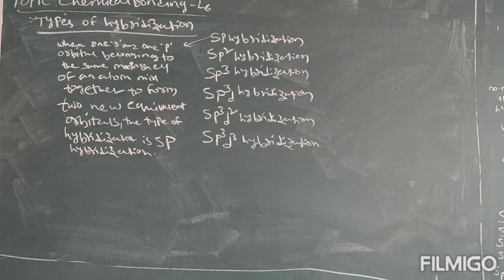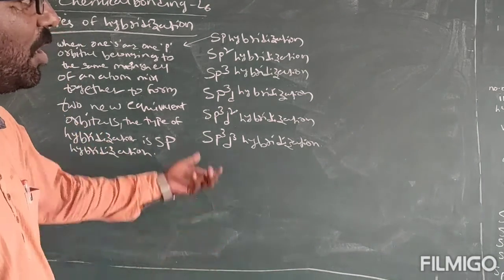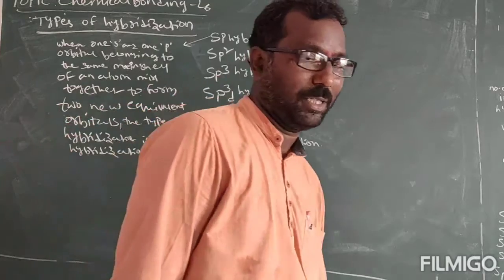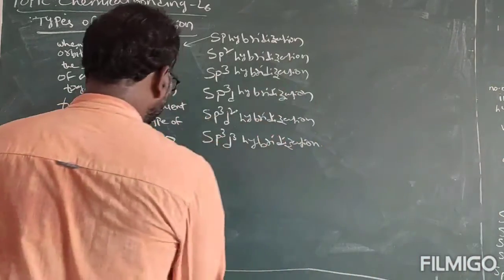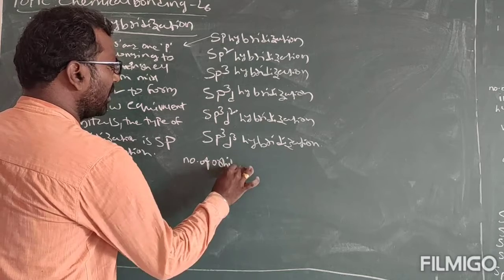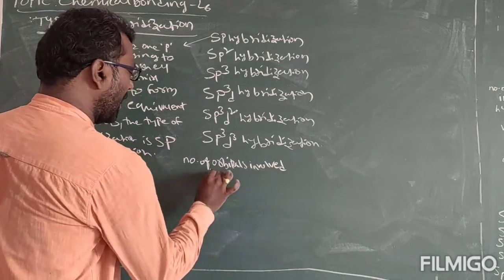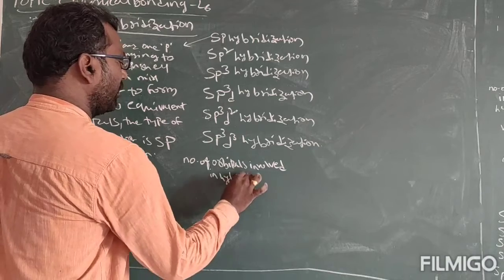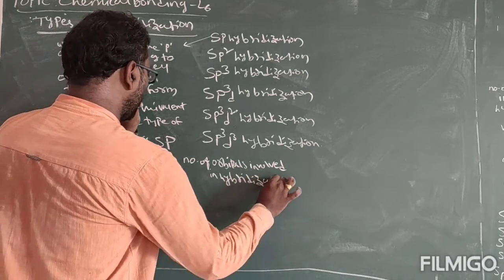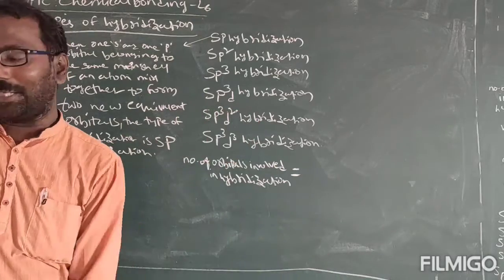Next, what are the shapes? Before going to that, we will calculate how many hybrid orbitals are present, that is, the number of orbitals involved in hybridization. If you know this, then you can write which type of hybridization it is.